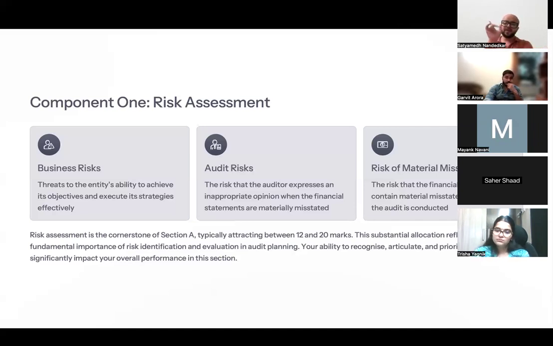Audit risk and risk of material misstatement have a significant amount of overlap. So when you are framing those answers, say for example you are looking at PPE, and the company has changed the useful life of the asset from 3 years to 30 years.